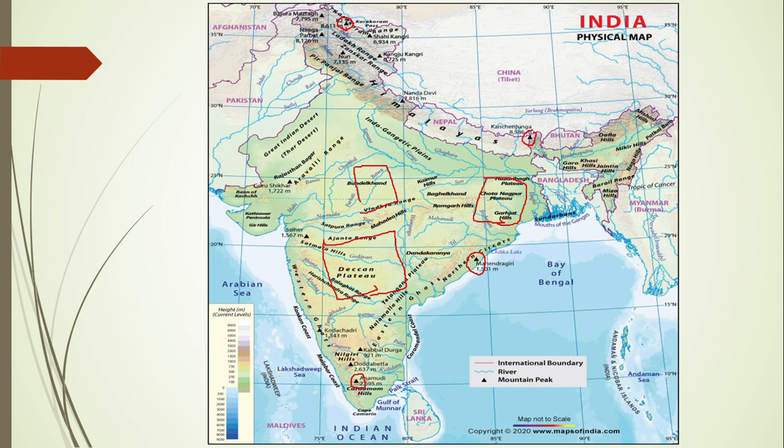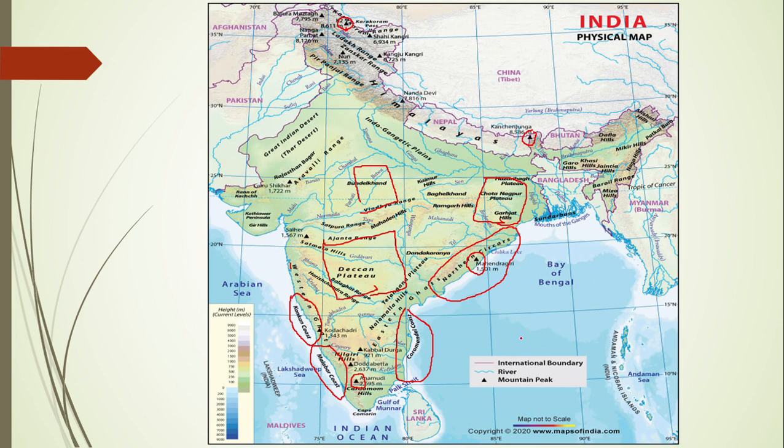Then come the coastal plains, that is on the western part of western India, that is the Western Ghat region. You see here the Konkan coast. This is the Konkan coast or Konkan plateau. Then there it is the Malabar coast. Then we are having the Coromandel coast, that is Chennai and all this, and then the Northern Circars. These are the important coastal plains of India.